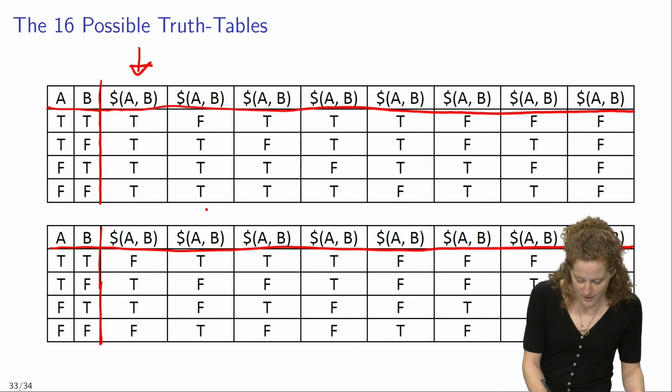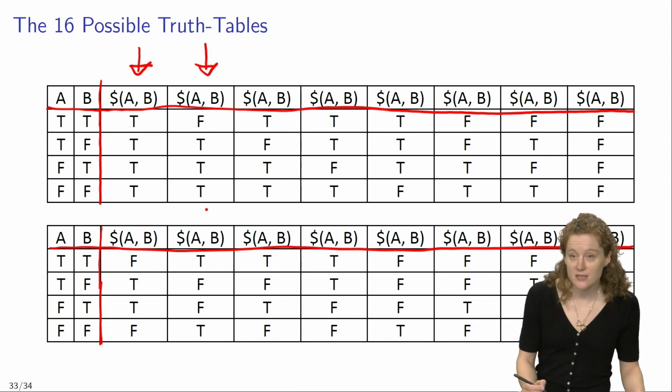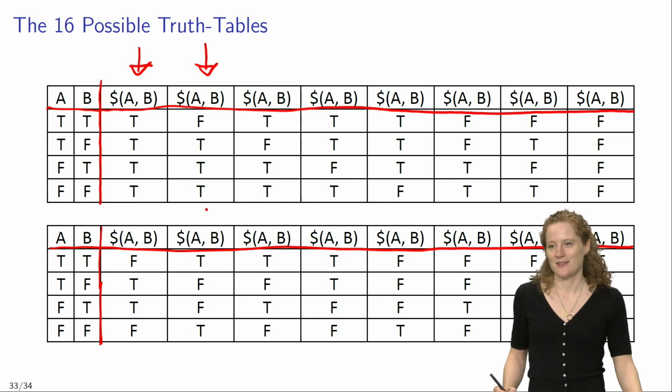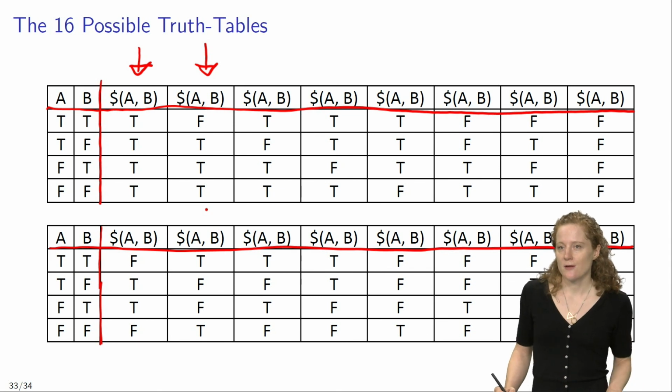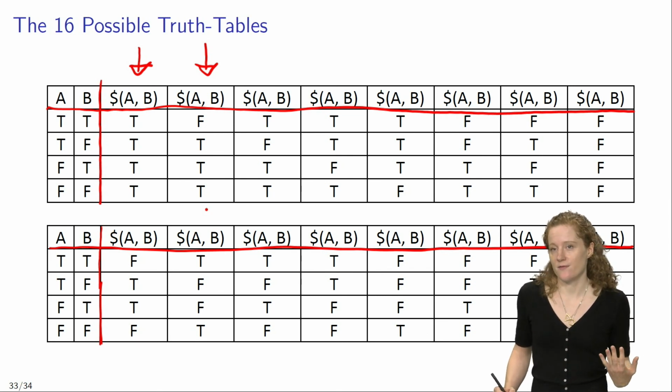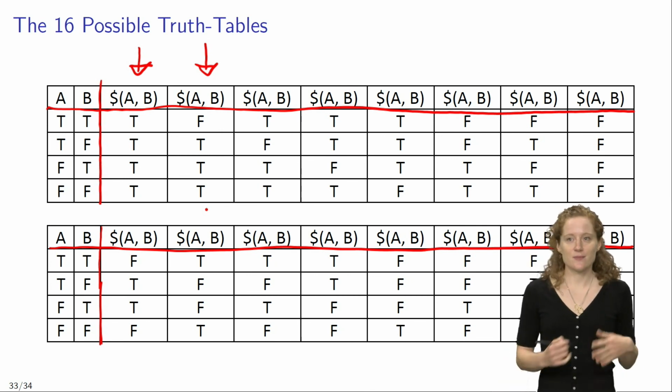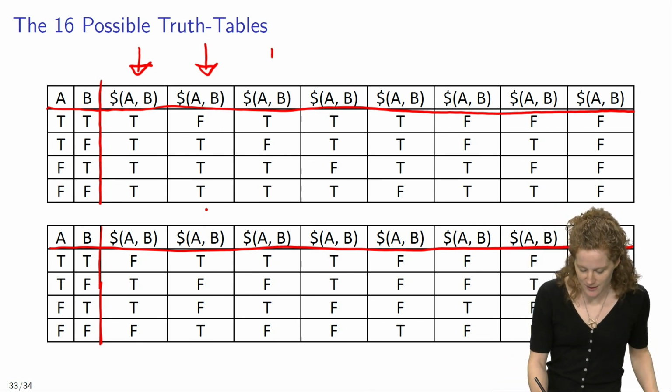The second column here illustrates a different possible truth table for the sentence $AB. This second column tells us that $AB is false when A and B are both true, and true on all other possible valuations. And similarly for any of the further columns here.